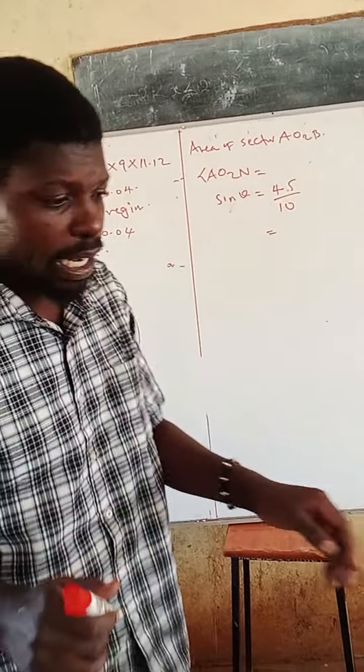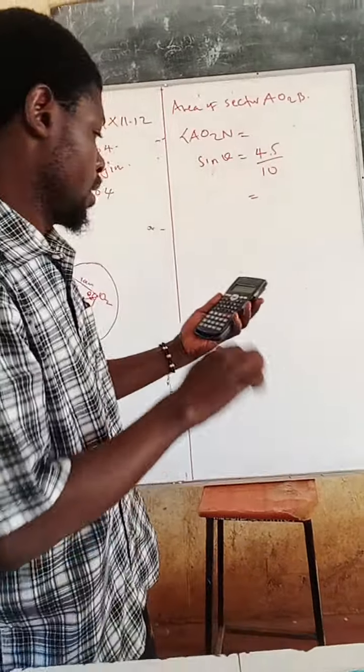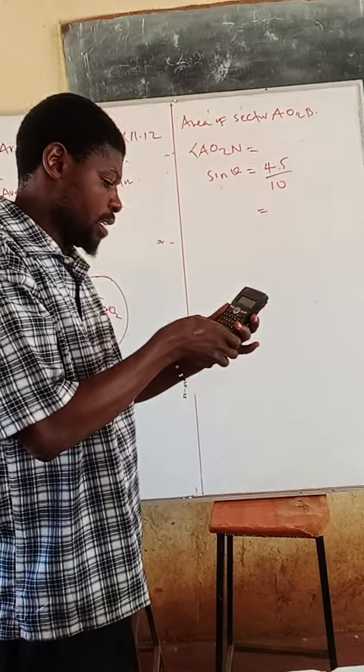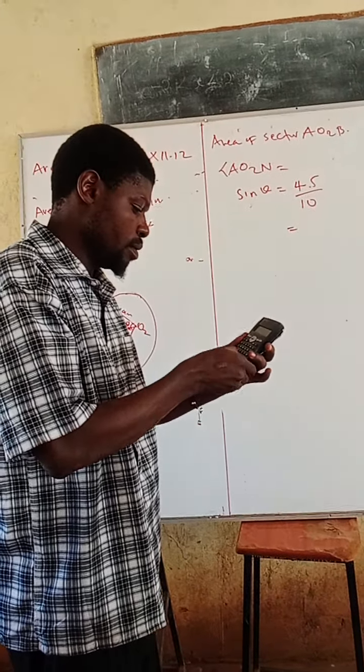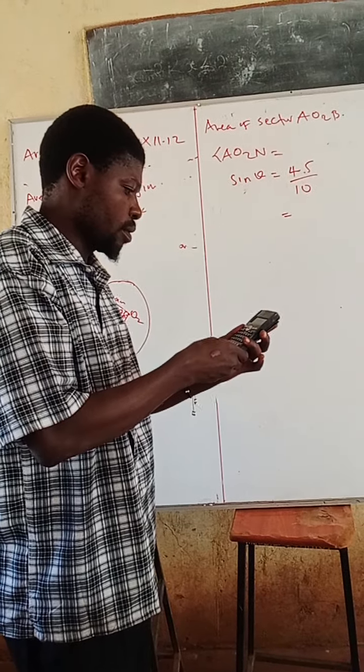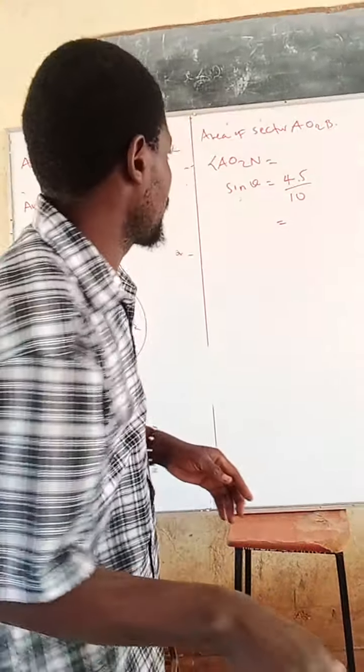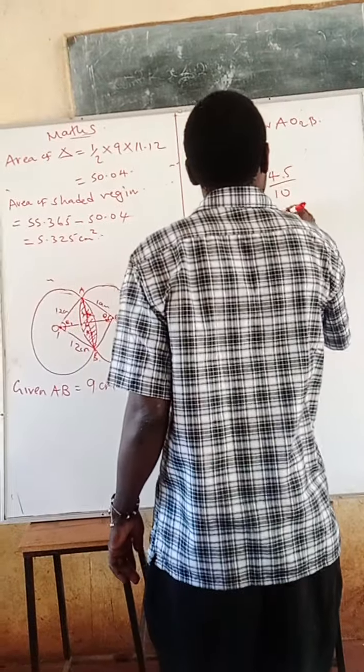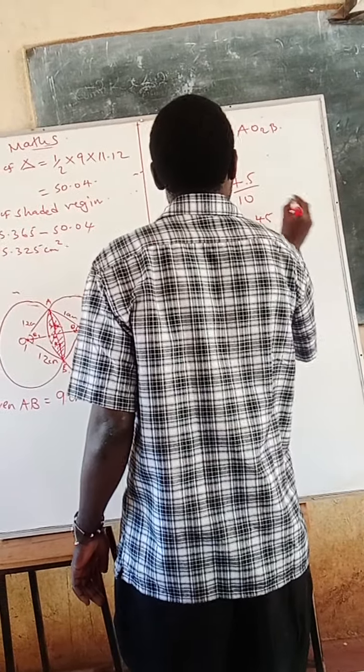According to my calculator, 4.5 divided by 10 becomes 0.45. That is sine theta.